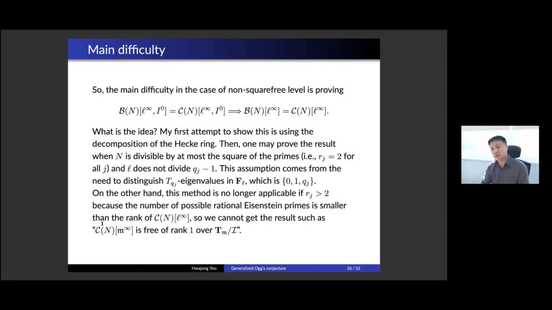So there must be some violation in the argument, and we cannot get this result in that situation. So we need a completely new idea to prove this, at least when l is divisible by some large power of a prime.